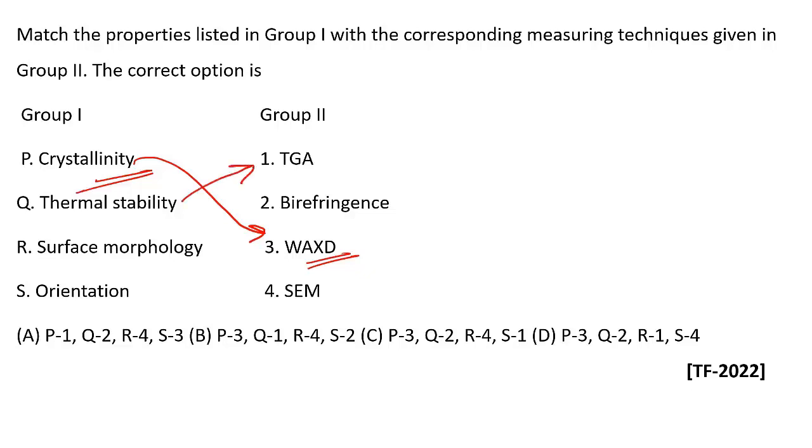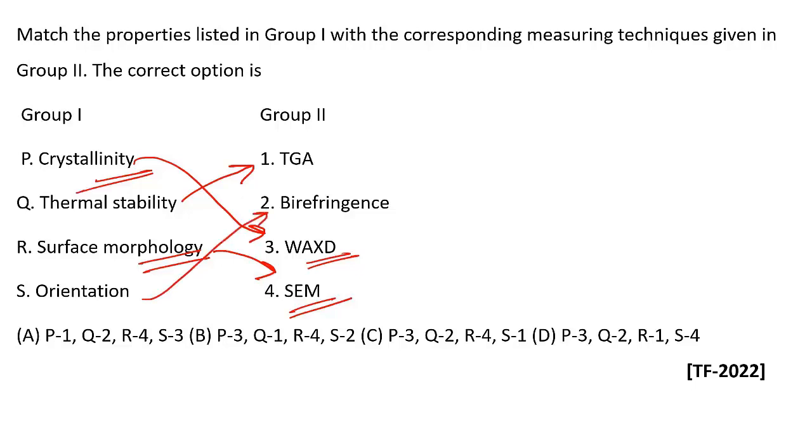So Q is 1. And SEM, surface morphology, is measured by scanning electron microscopy. It is used when you want to see at a microscopic level, micro nano level, what kind of surface is there. If you have seen the surface morphology of different fibers such as cotton, jute, it is measured by SEM. And birefringence measures orientation.